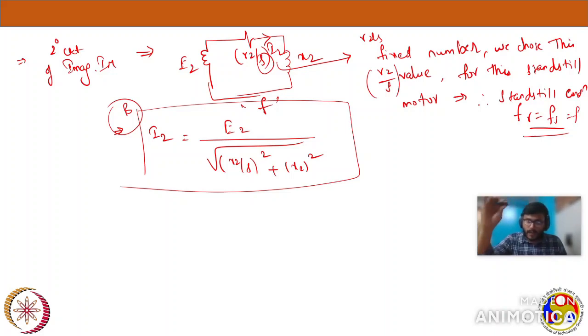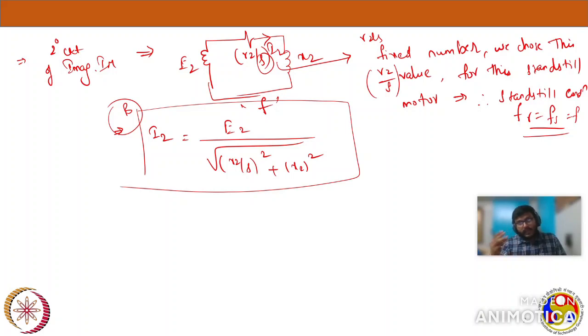Because of the same current, the same field will be produced. Because of the same field, the strength of the field will remain the same, and because of both equal strengths, both fields will rotate with the same speed, that is synchronous speed.